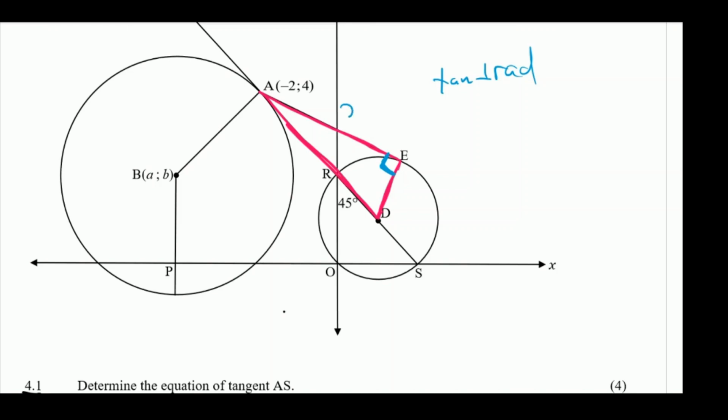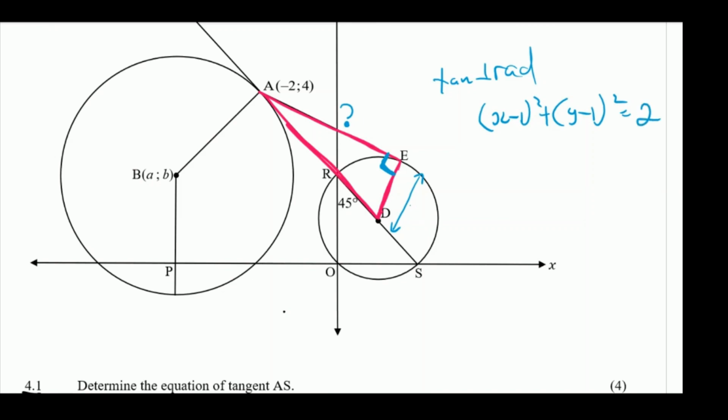AE is what we are looking for, but we know DE. We just found the equation of the smaller circle: x minus 1 squared plus y minus 1 squared equals r squared, which is 2.